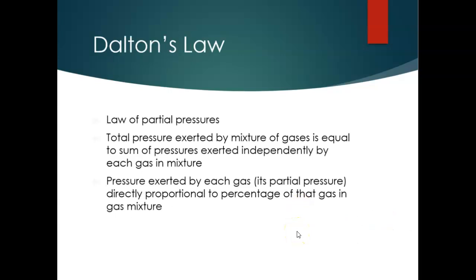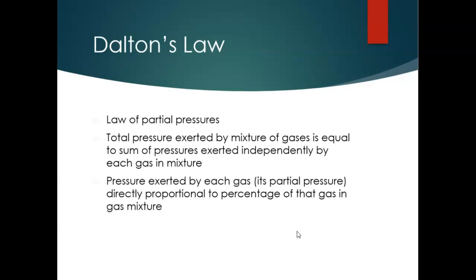So Dalton's law is the law of partial pressure. That just means that the total pressure exerted on a mixture is going to be equal to the sum of the pressures exerted independently by each of those gases.